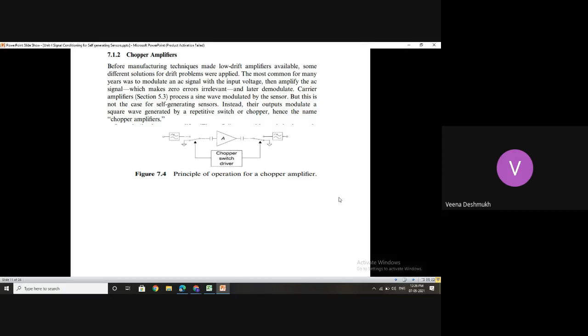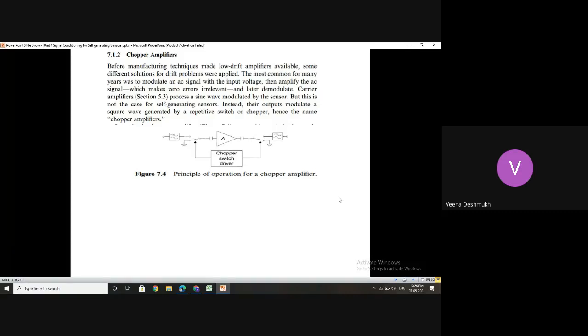And one of the techniques which was used was the modulation technique. Usually a sinusoidal carrier onto which the information signal was put. Here the information signal is basically the sensor signal, or output of the sensor, which is put on the simple sinusoidal carrier. Once the simple amplitude modulation takes place, you demodulate it in the next stage.